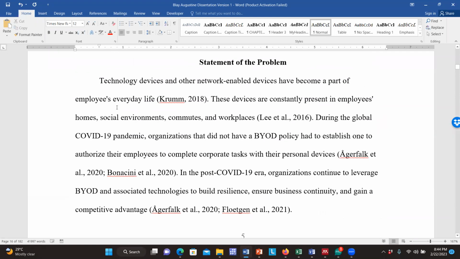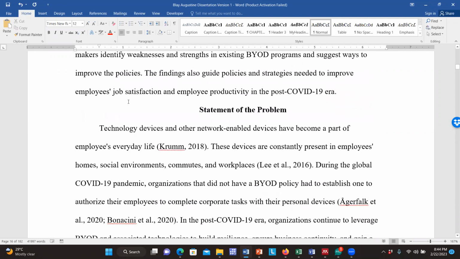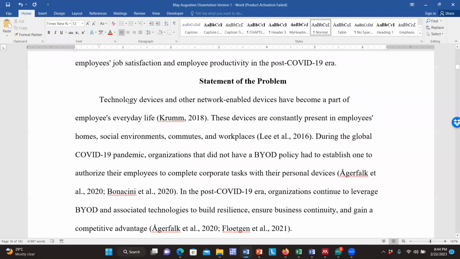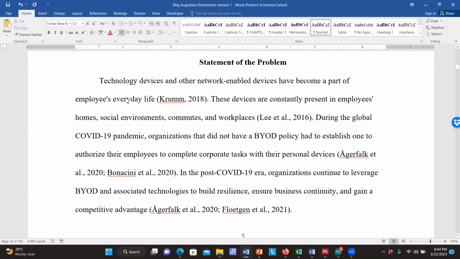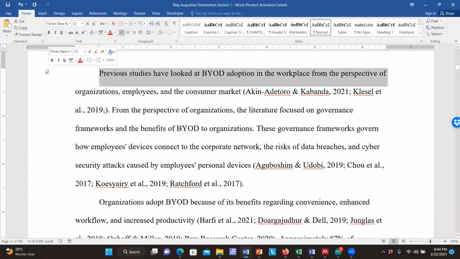So here, because it's the problem, we want to establish the problem based on literature gaps. So we are talking about studies that have been done in that area, what they found, okay? But your first two paragraphs for the problem statement should tell the story about the topic. It's about storytelling, okay? And here it talks about previous literature.